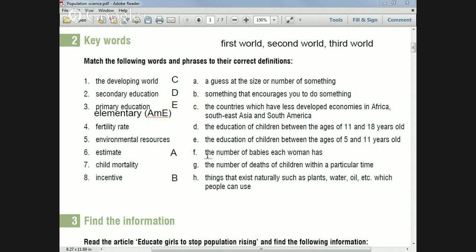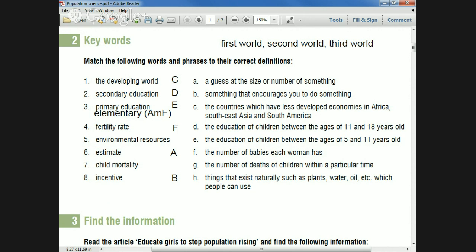The number of babies each woman has. Fertility rate. Yes, the fertility rate. And then supposedly in third world and developing countries, the fertility rate is much higher than in first world and developed countries.